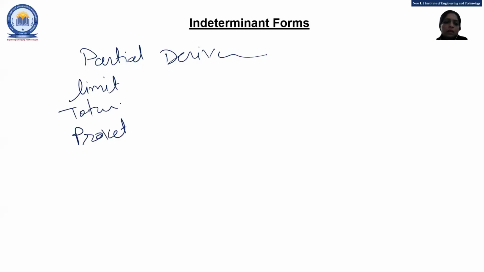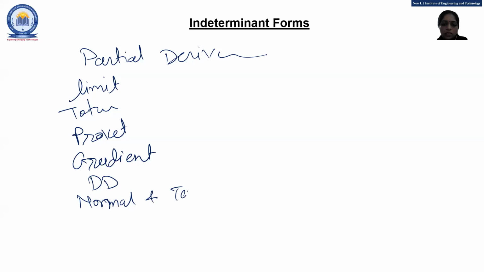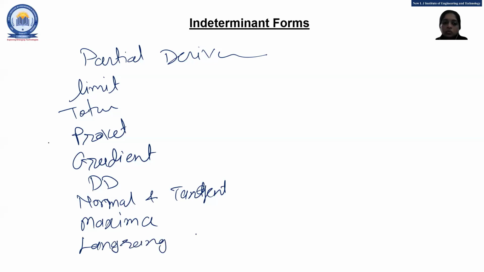Then gradient, directional derivative, and normal and tangent line, right? Tangent plane and normal line, right? Then maxima, minima, then Lagrange. So these are the topics of the partial derivatives.